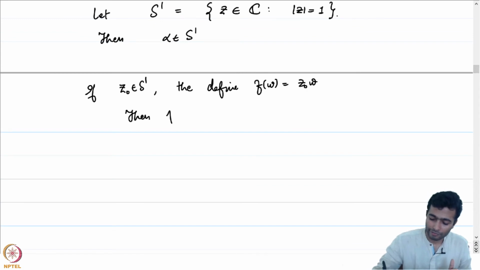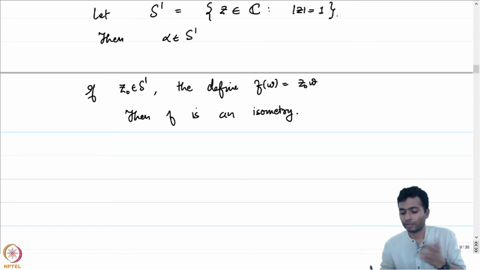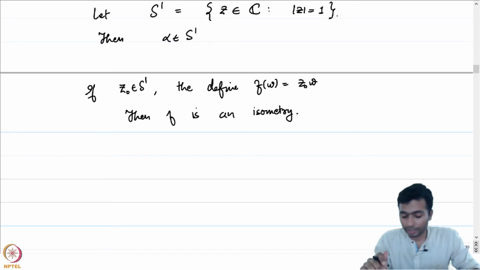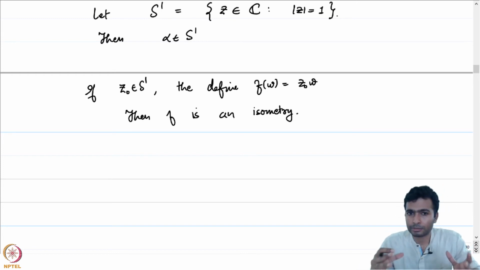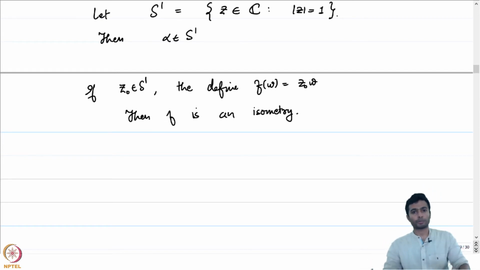Then f is an isometry. Or define f of w to be Z0 times w bar. That will also be an isometry. So the set S1 has some speciality when it comes to studying the isometries on the complex plane. S1 also is a usual familiar object.